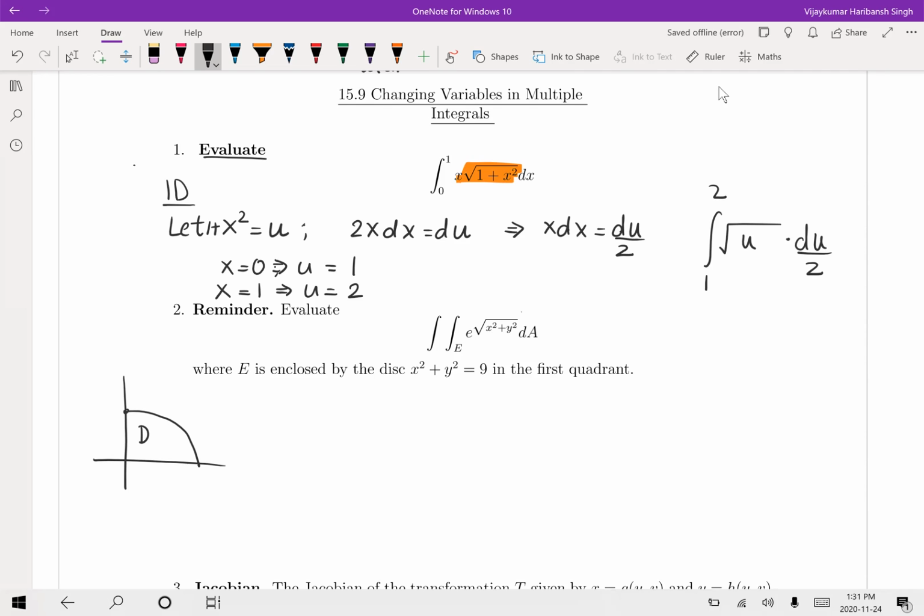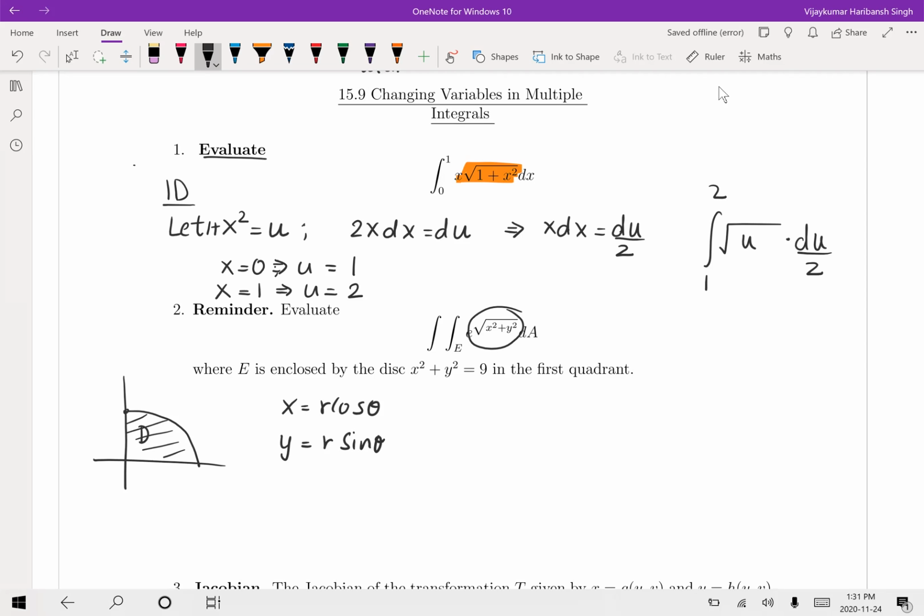Now note that evaluating this in Cartesian coordinates is not possible. So we'd like to do some transformation here. We have already seen the transformation which will work, because it's a disk: x equals r cos theta, y equals r sin theta.